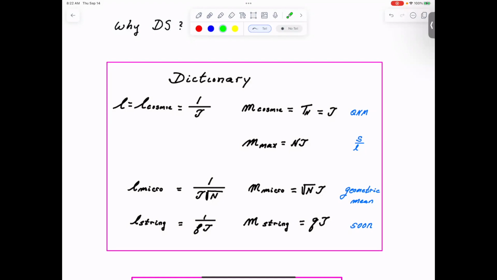First of all, the dictionary contains an L, which is the cosmic length scale, the length scale of the de Sitter space. The SYK version of that involves the parameter J, which we will come to.